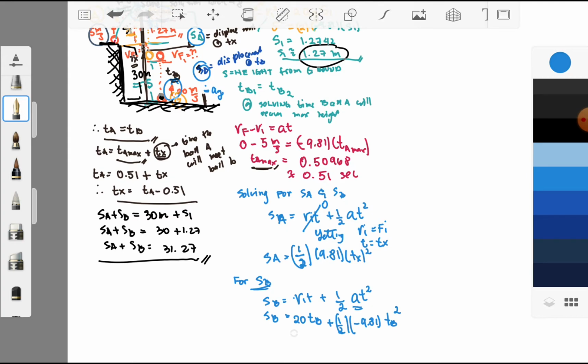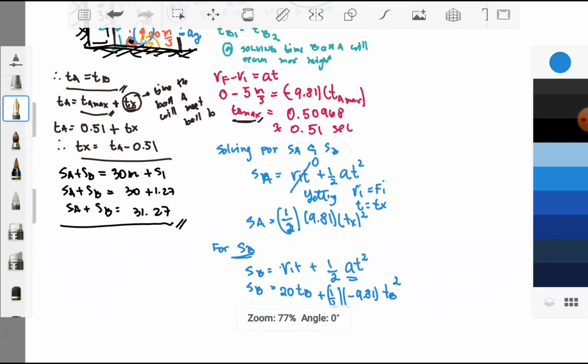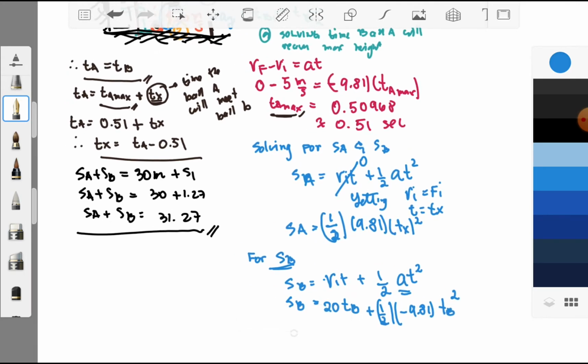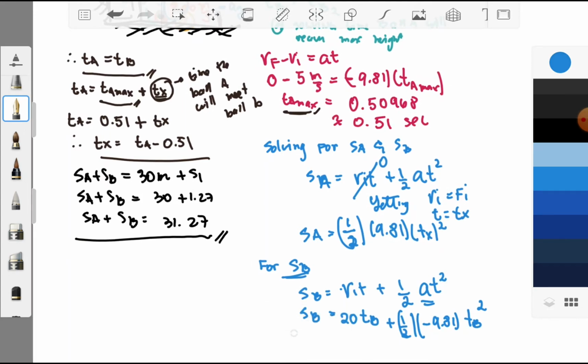So take note, guys, that your TB is equal to TA, right?